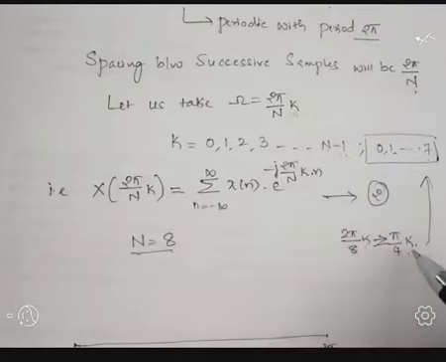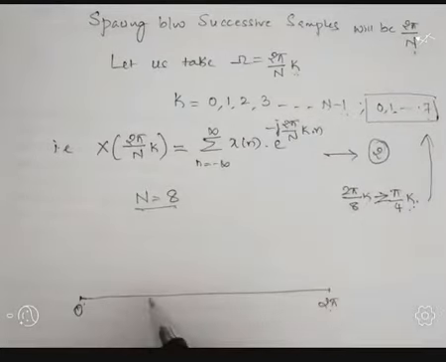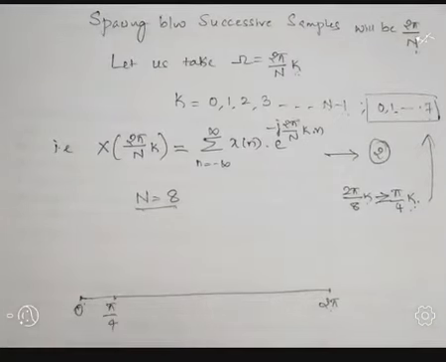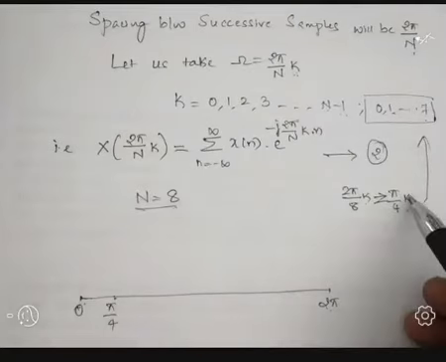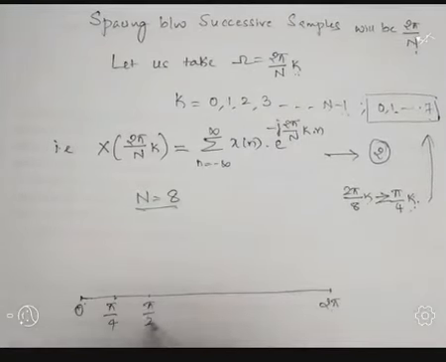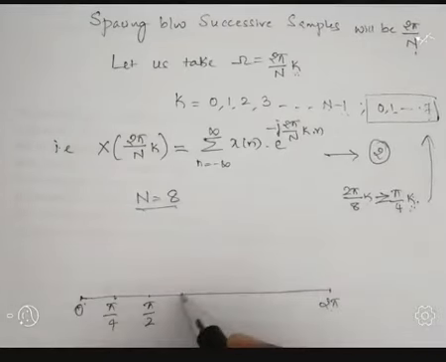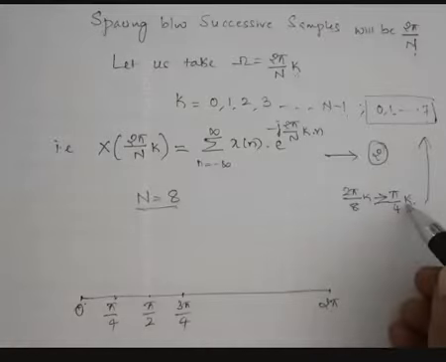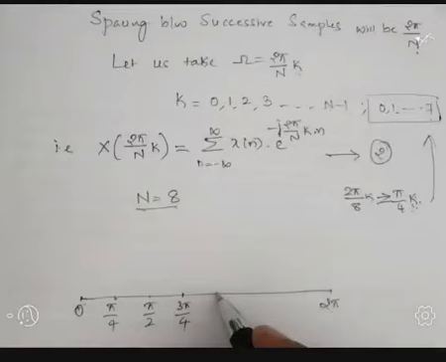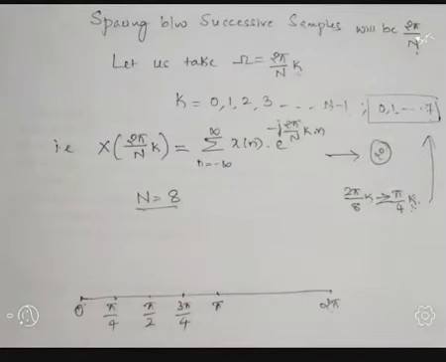If k equal to 0, the first sample is 0. If k equal to 1, we get pi by 4. If k equal to 2, it becomes pi by 2. If k equal to 3, it becomes 3 pi by 4. If k equal to 4, it becomes pi. If k equal to 5, it becomes 5 pi by 4.